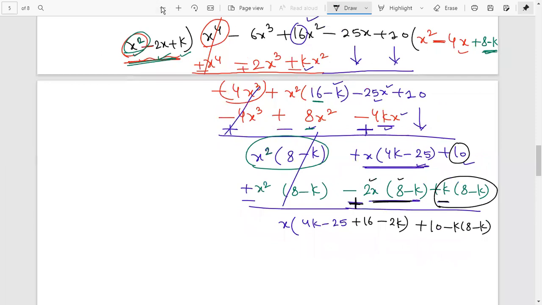So 10 and then the remaining values, because we have to remember the sign, minus k, 8 minus k. So we can simplify this, because this is over the denominator x. So 4k minus 2k will be 2k, and minus 25 plus 16 will be minus 9, correct.